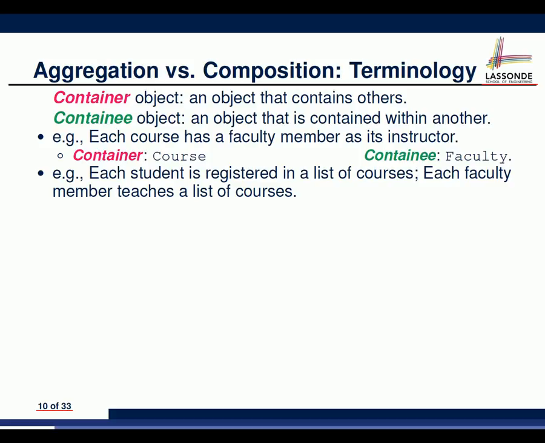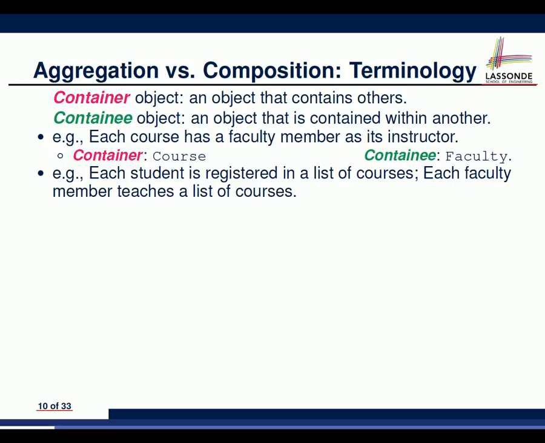Can you see any container? How many containers do you see here? One? If you think one, which one? If you say the list of courses is the container, let's follow your logic. What do they contain?